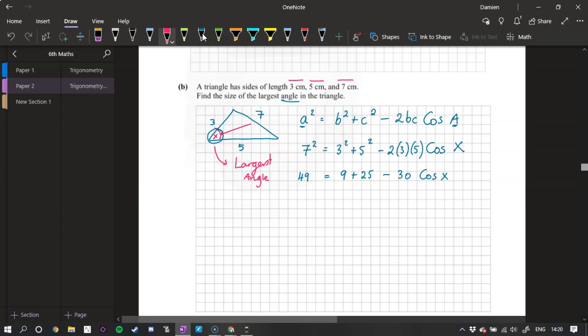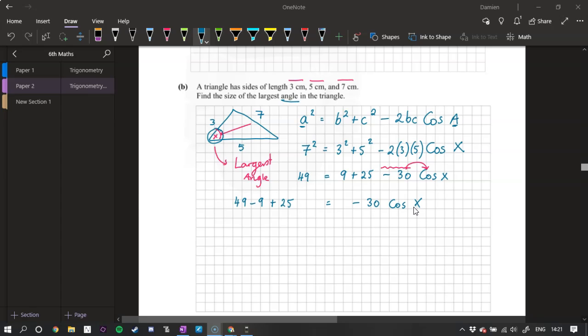Something to bear in mind, this minus 30 belongs to the cos. So this will make a difference when you start moving numbers around. So on the left hand side, 49 minus 9 plus 25 is equal to minus 30 cos of x.